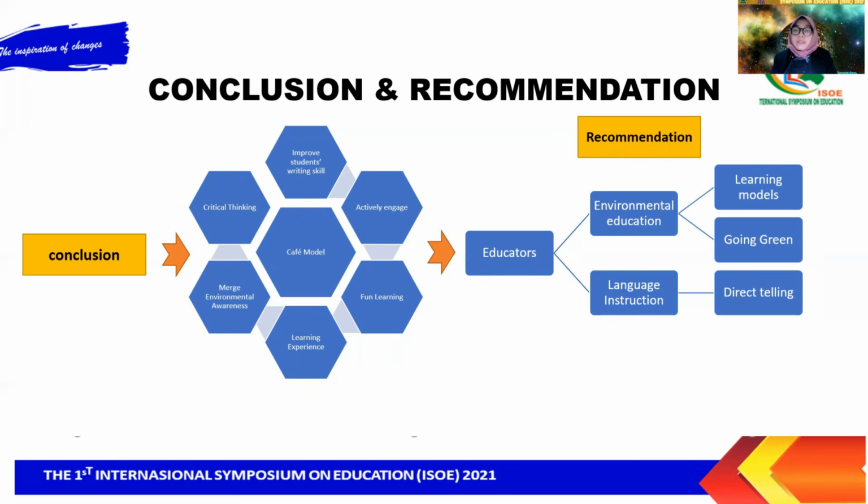In addition, the teacher provides writing ideas related to environmental awareness. Needless to say, teachers can also develop learning models that can improve students' writing skills to produce better writing.